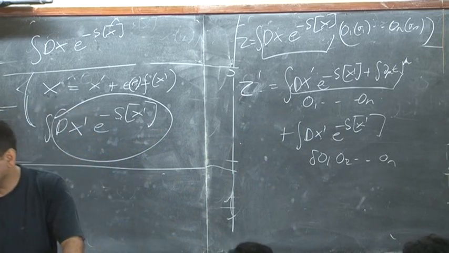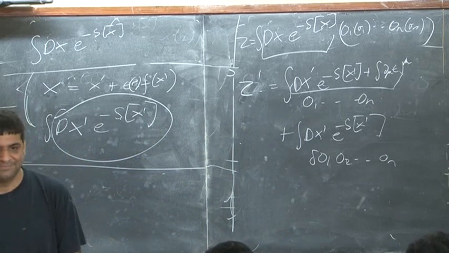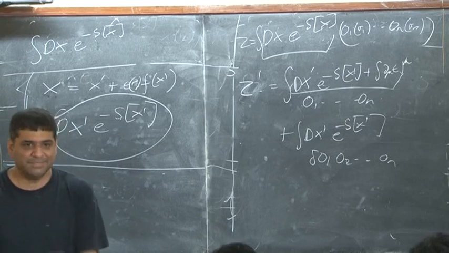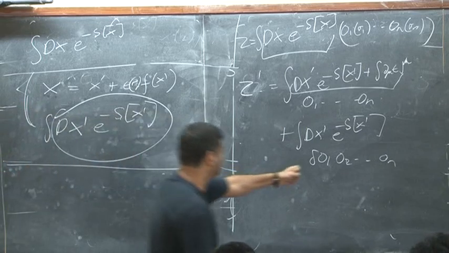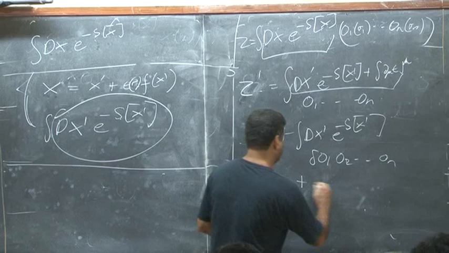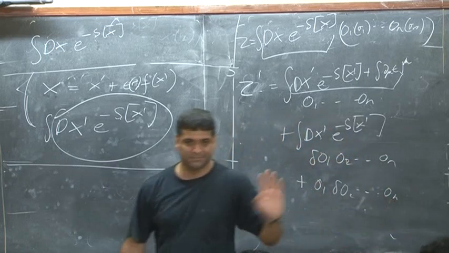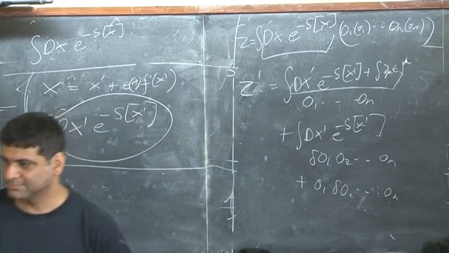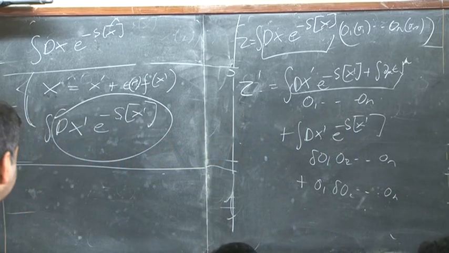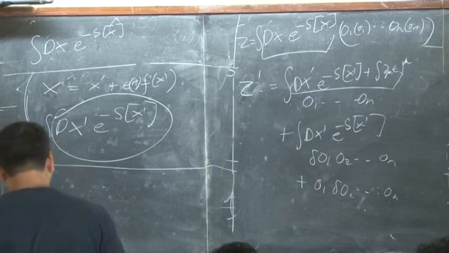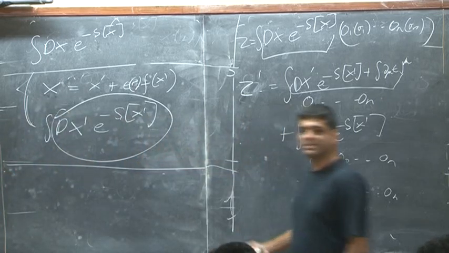It becomes the same function of x prime plus a small change. So it's obvious what it is. Plus we get the term O1 delta O2, and so on. Is this clear? Any questions or comments?